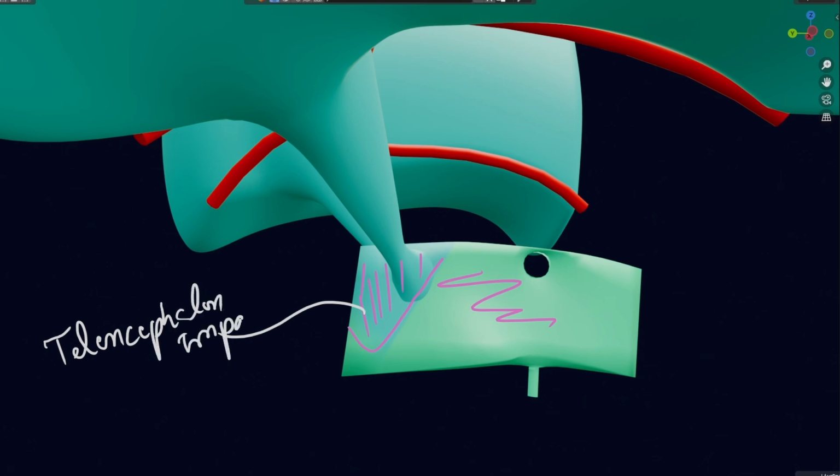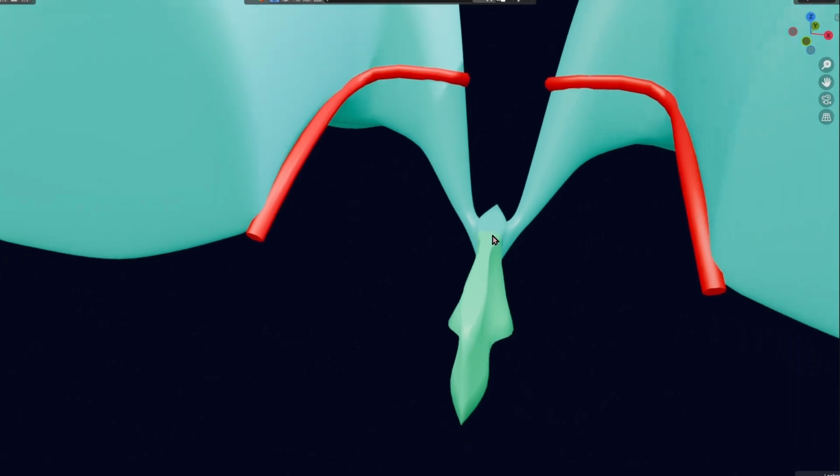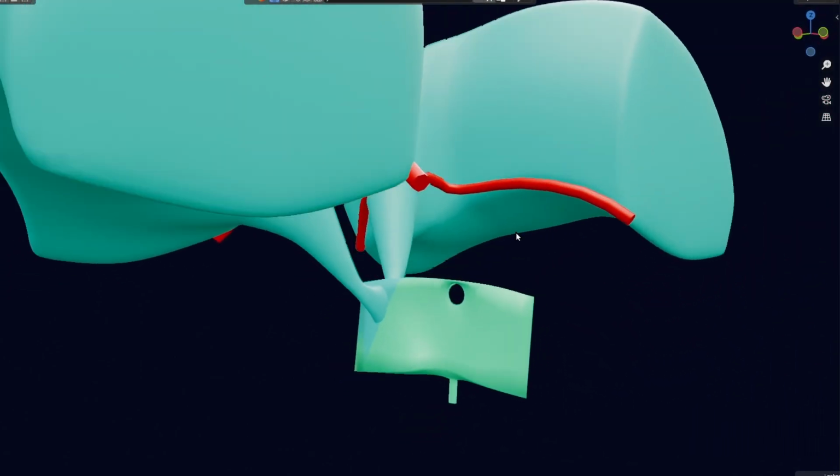The other one, forming the lateral ventricle, hasn't been given a very special name, but you can just call it telencephalon proper. I just devised the name. So anyhow, this is the situation right now.